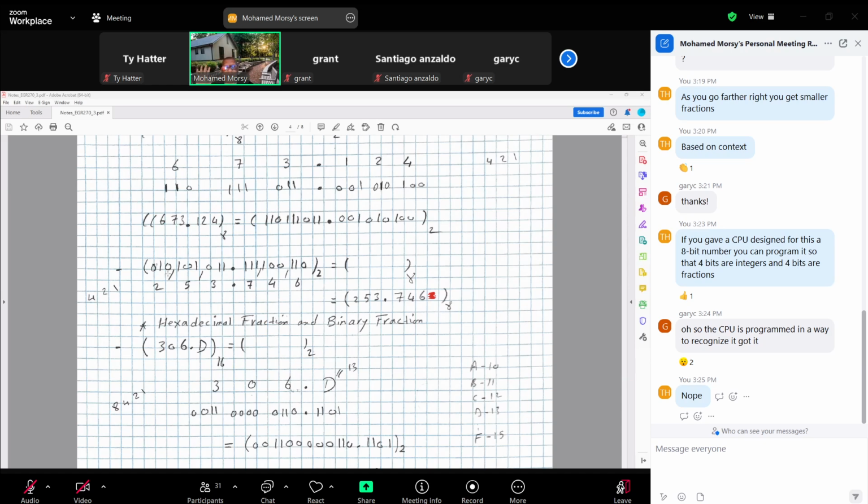You see what I'm saying? We mentioned that to get the corresponding octal number, we divide the binary numbers into groups.